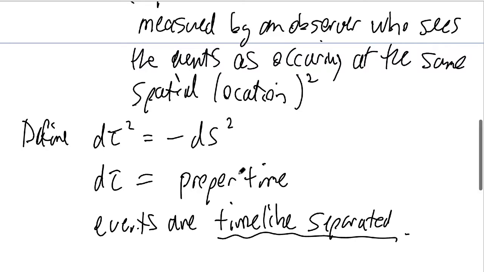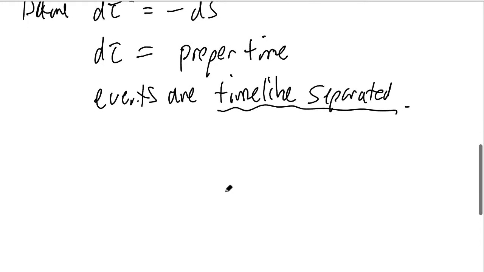All right, the third case is the case in which ds squared is 0. Okay, in this case, the separation between the two events is referred to as light-like or null.